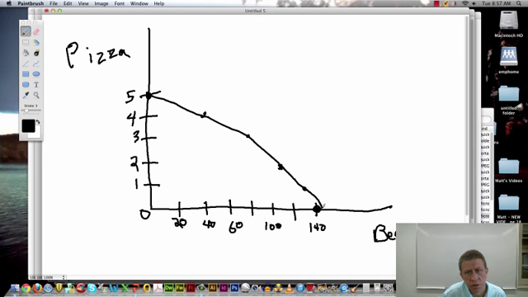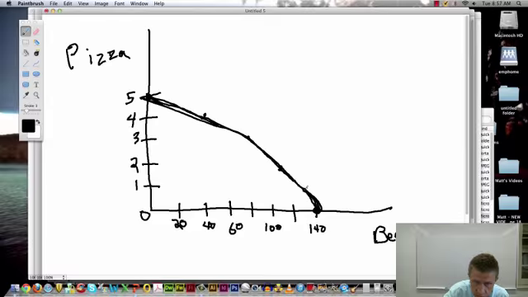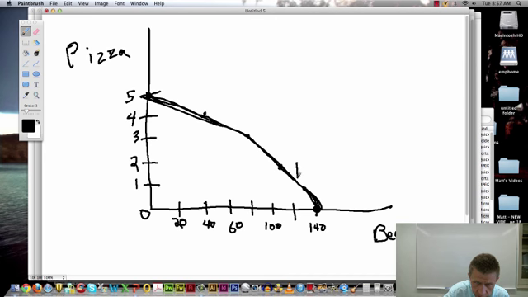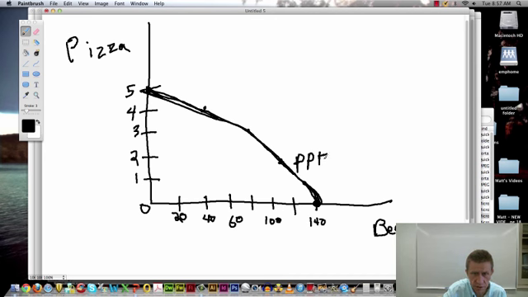Your notes should look a little bit neater. It's kind of tough with this computer program to draw it out perfectly neatly, but I think we can get the point on what we're doing here. Once you have this, we label this the PPF. That's our production possibilities frontier. So this is what your graph should look like: pizza, beer, and we've got our PPF.